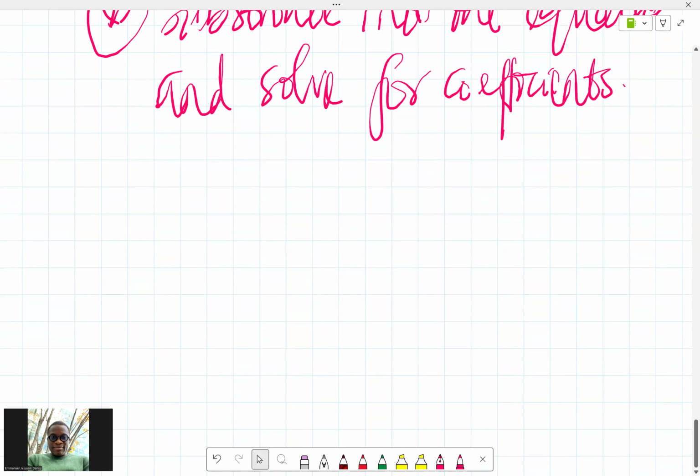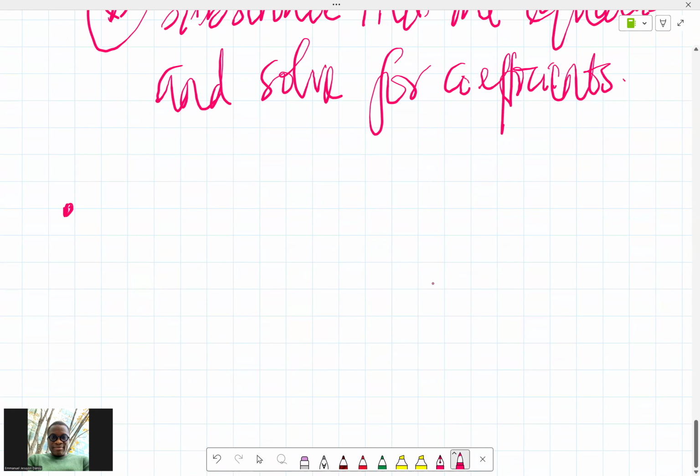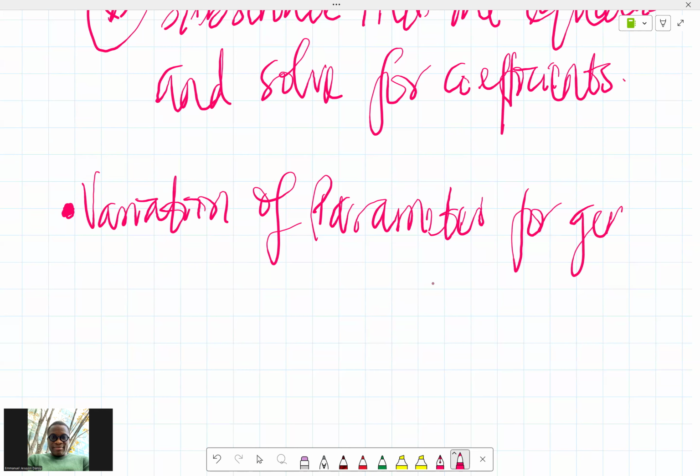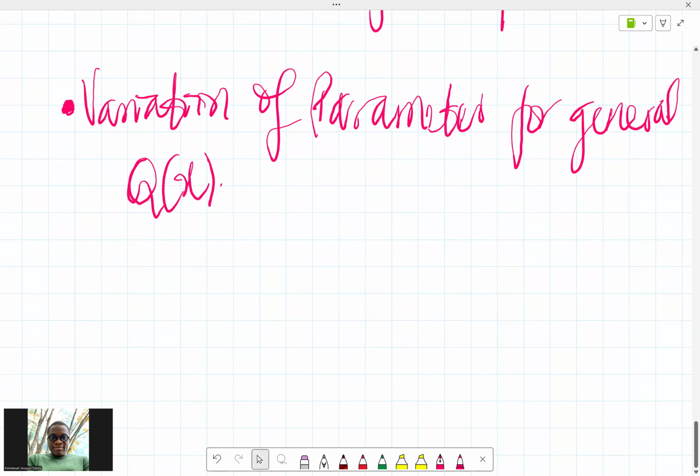Then we can also have variation of parameters. There's the D operator too. I already talked about the D operator, but I'm not doing that here. Variation of parameters is powerful for general q of x. If q of x is simple, you can use undetermined coefficients, but if things become complicated with q of x, then you have to use variation of parameters.